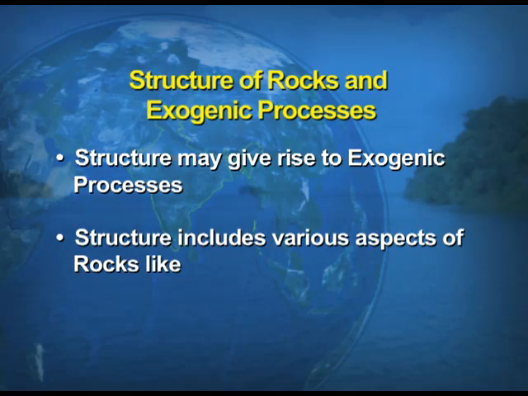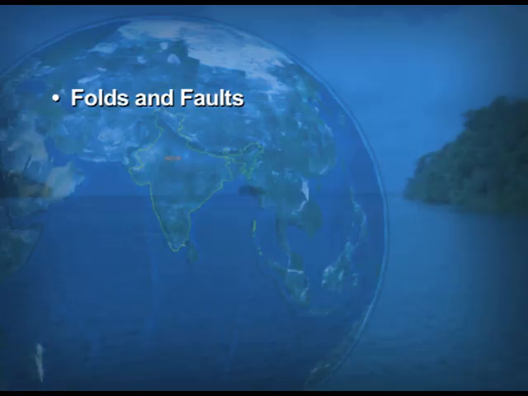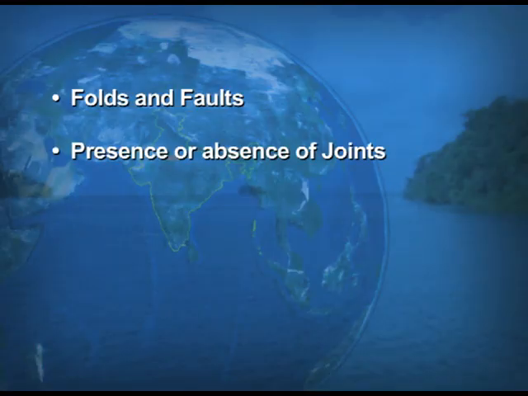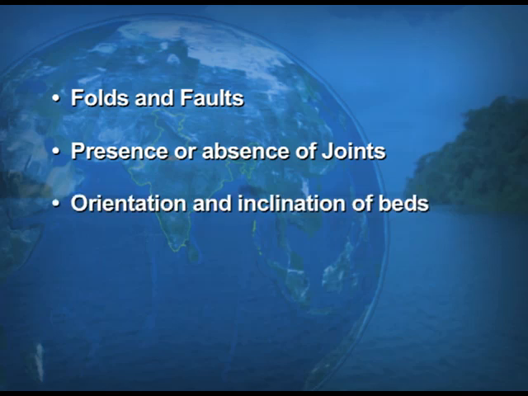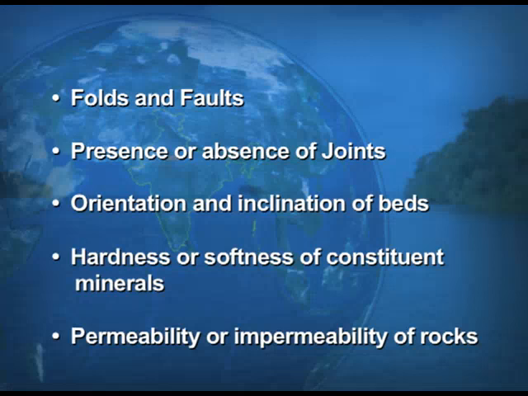The structure may give rise to the exogenic processes. The structure includes folds and faults, presence and absence of joints, orientation and inclination of the beds. Beds means the beds of the rocks, and the hardness or softness of the constituent minerals.